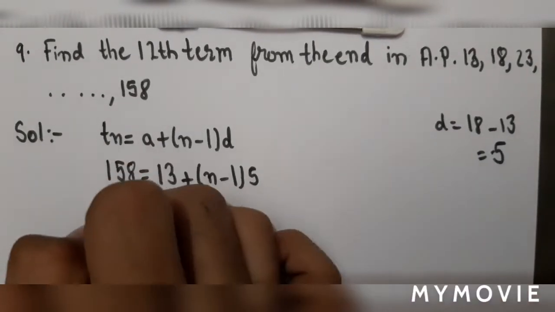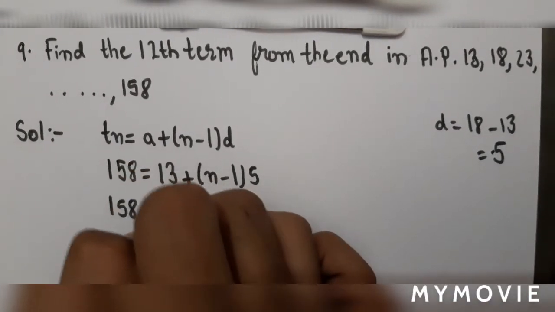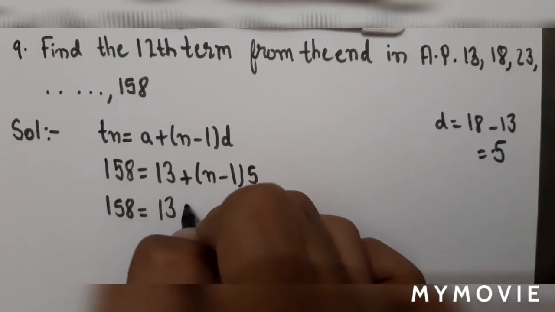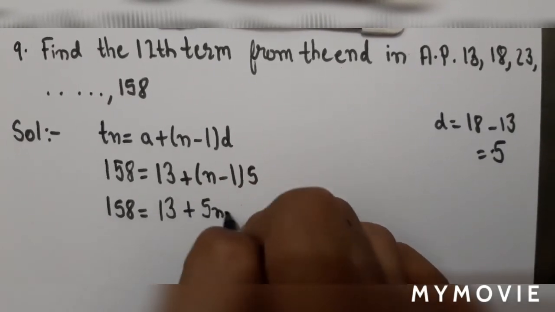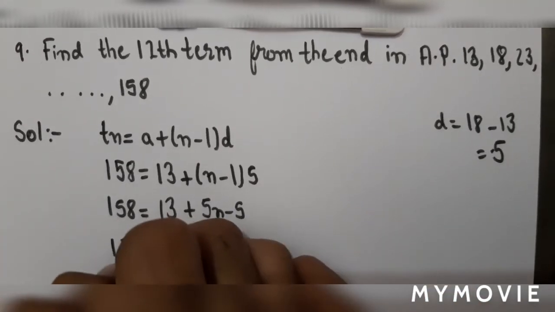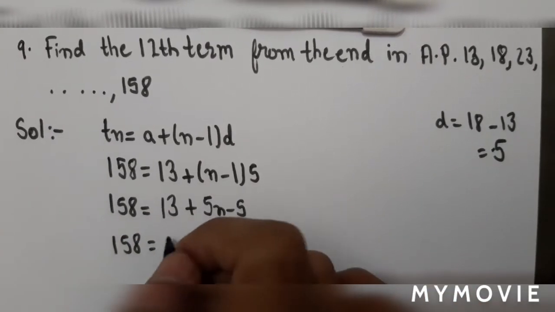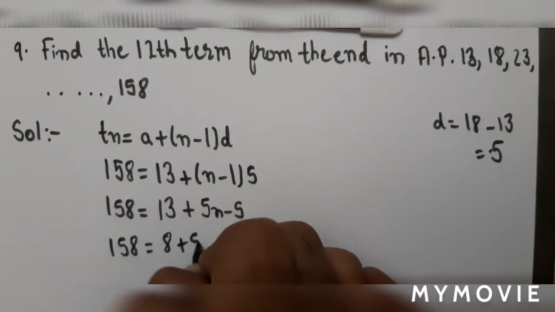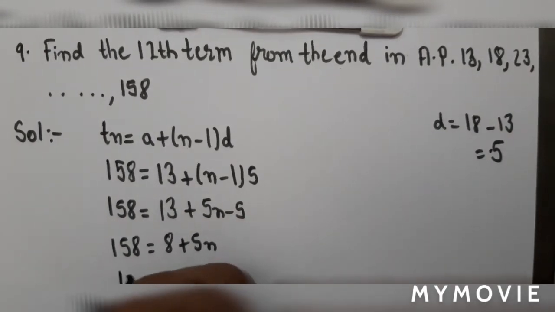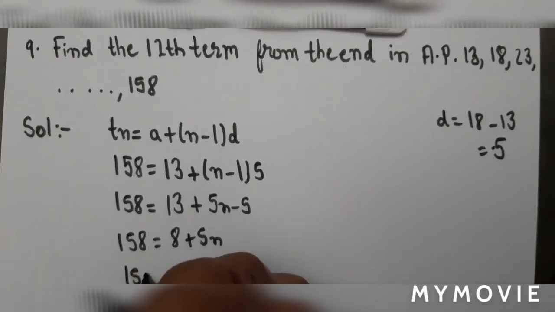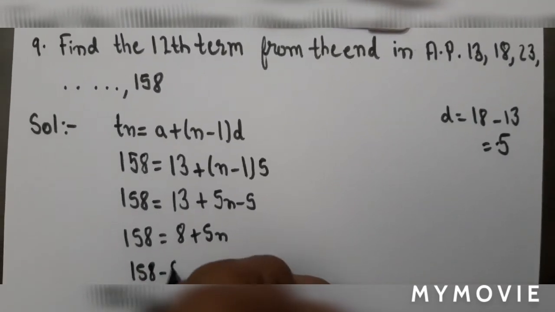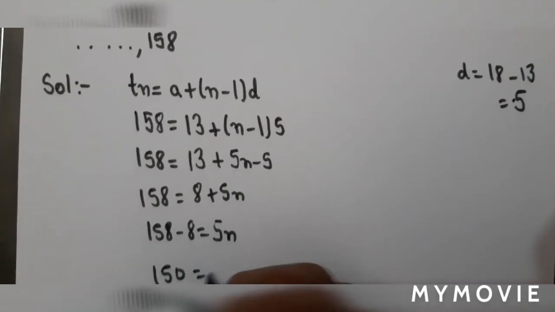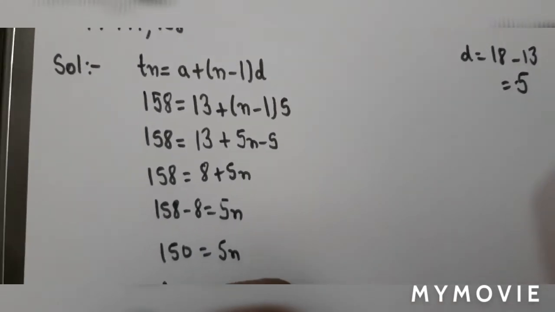So multiply with 5. So 158 is equal to 13 plus 5n minus 5. So 13 minus 5 we will get as 8 plus 5n. So subtract: 158 minus 8 is equal to 5n. So we'll get 150 equal to 5n.